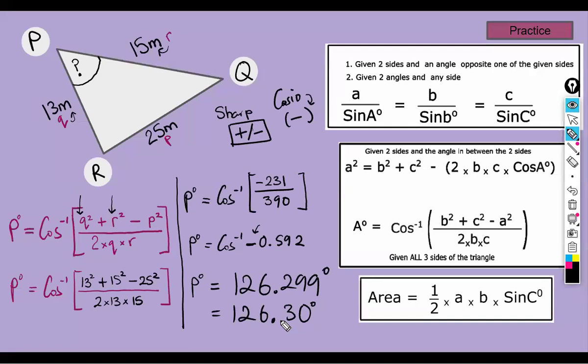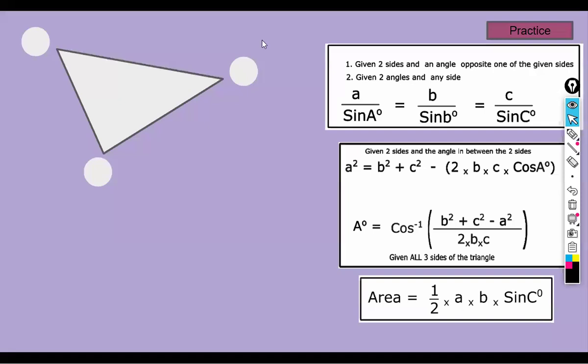Make sure you're seeing 126 point something. But you must have a minus sign here. Remember, you can't just ignore the minus sign like it's not important. Remember, minus 0.592 is totally different from the positive version. So take a few seconds, make sure the answer appears on your calculator.